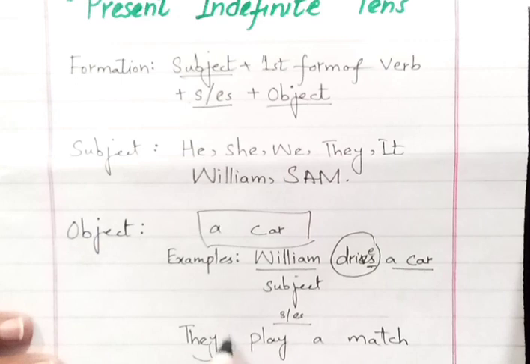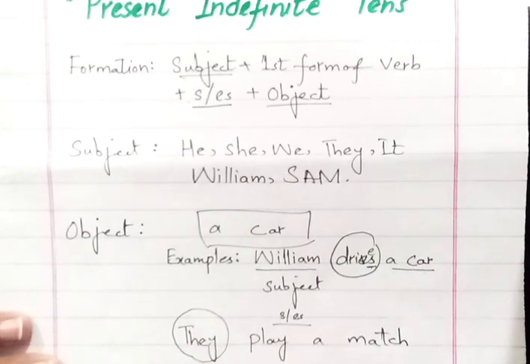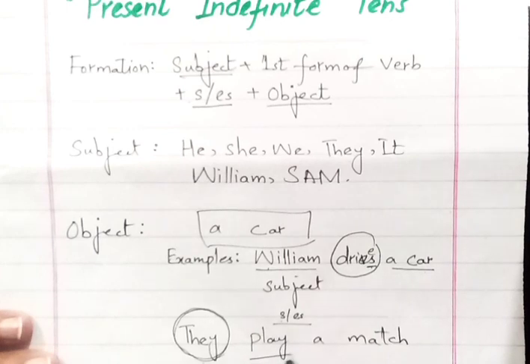Because our subject is plural, right? We put s or es when our subject is singular, and we do not put s or es when our subject is plural. This is plural. They play a match, right? Now here, simply play a match is our object.